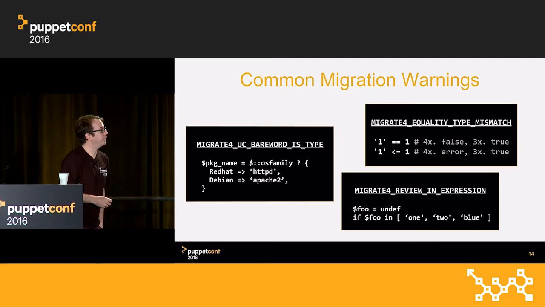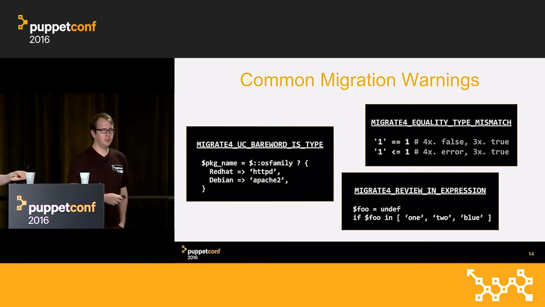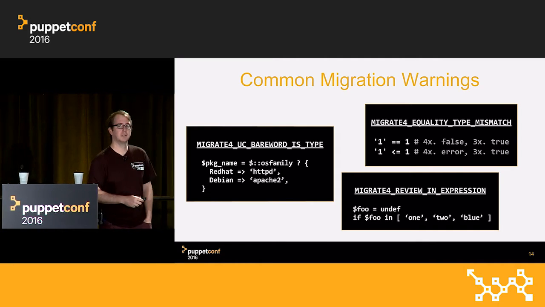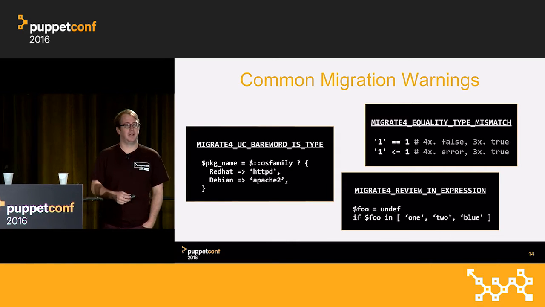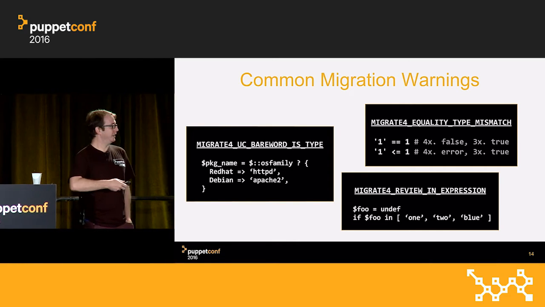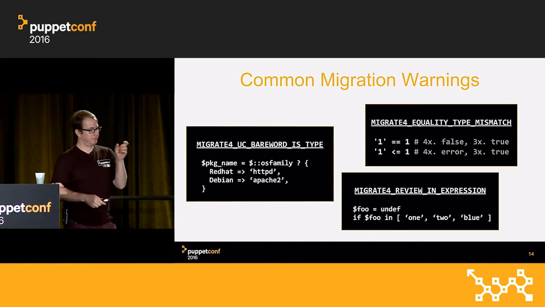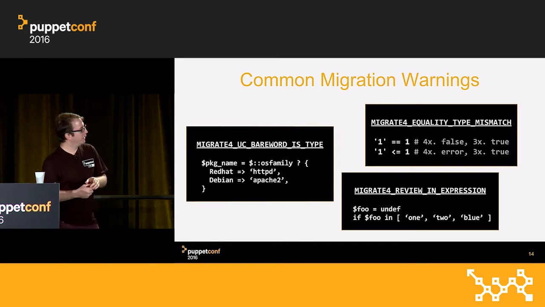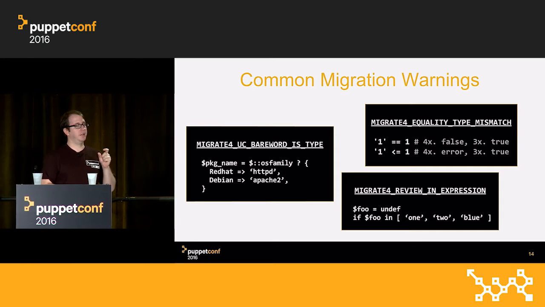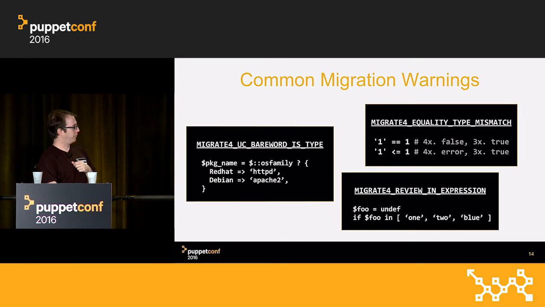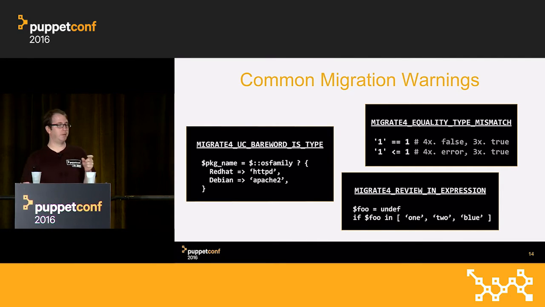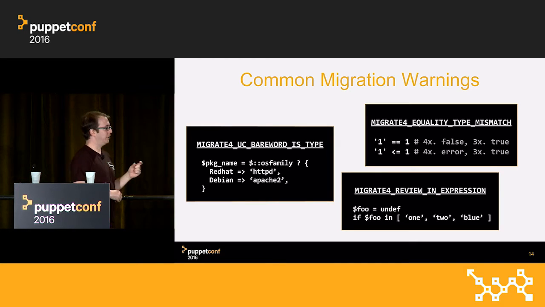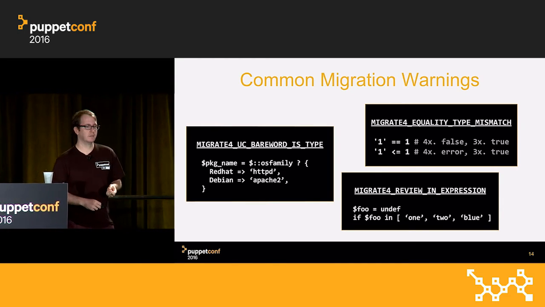And then review in expression. Anyone here use the in operator in any of their code? Yeah, a few of us. It's one of my favorite operators. In Puppet 3, it was really good for seeing if a string was in an array. That's how I tend to use it most often. But if that string you're comparing, the left operand right there, resolves to undef, in Puppet 4, you're going to get a compilation error.